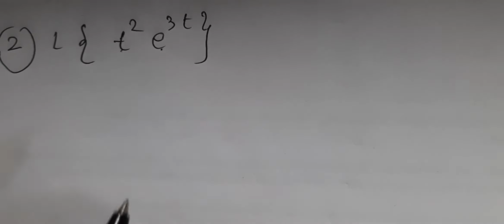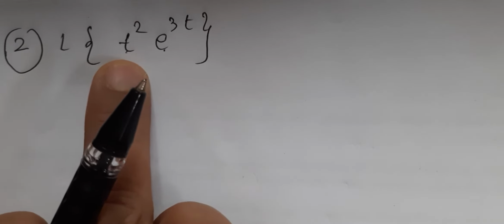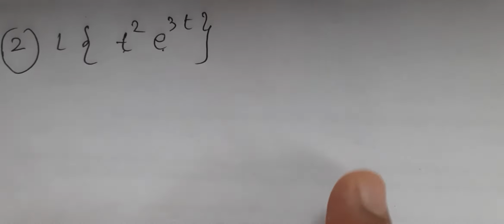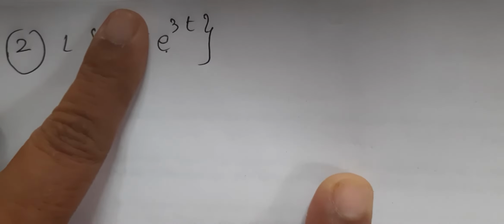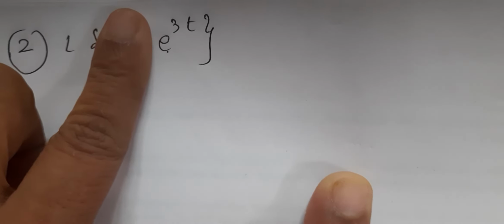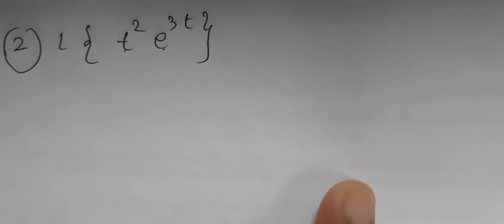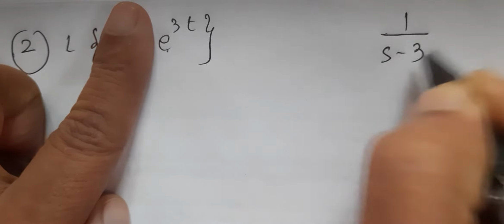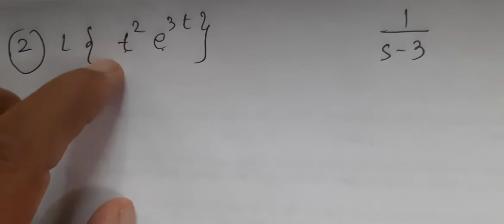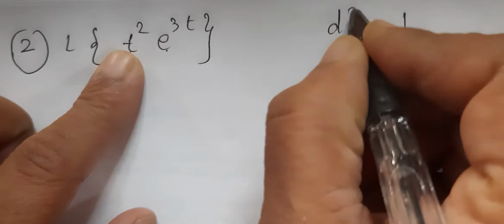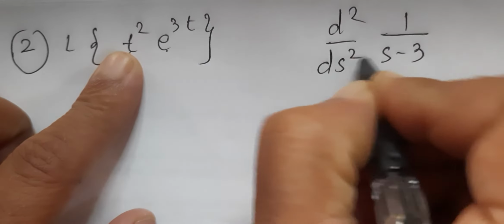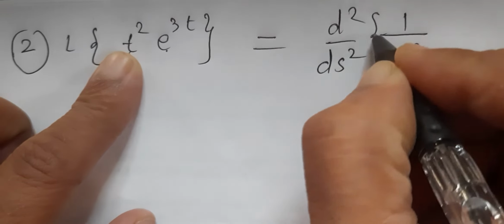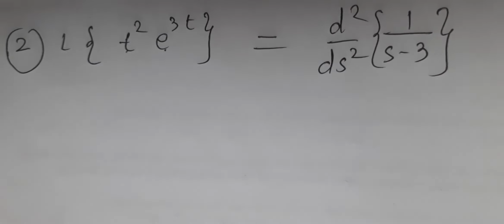When you go for multiplication by t, just see what you have to do. Hide it. Find Laplace of e raised to 3t, which is 1 upon s minus 3. And it's into t square, which means you have to take the second order derivative of 1 upon s minus 3.